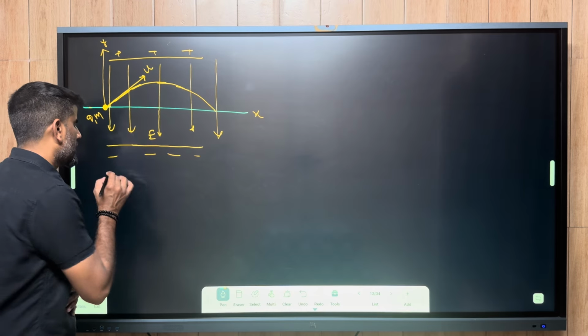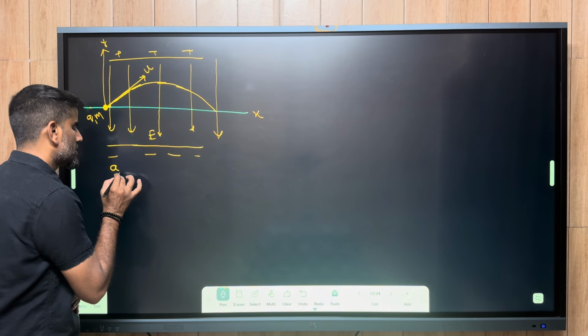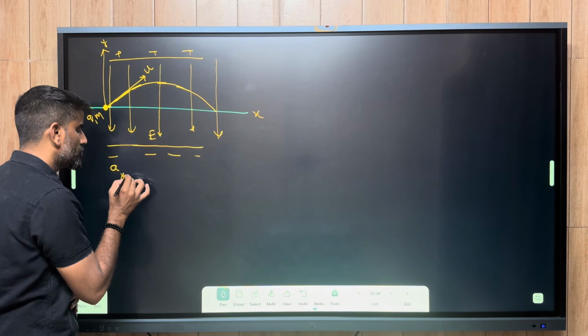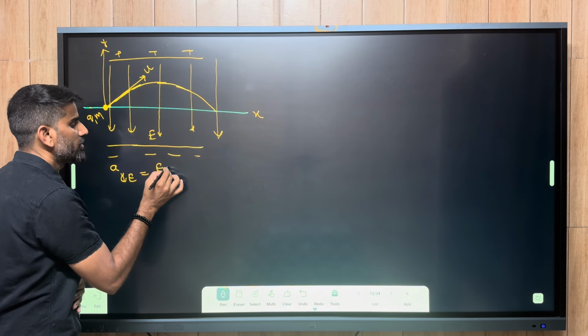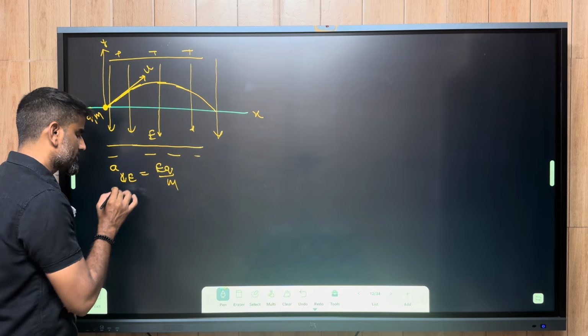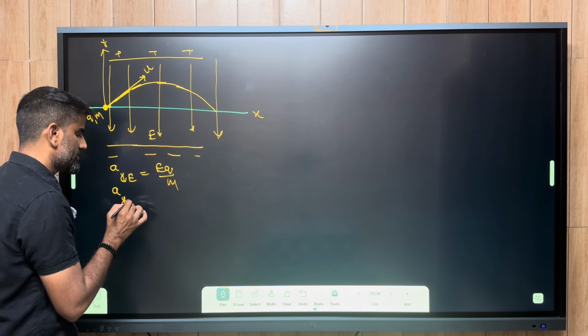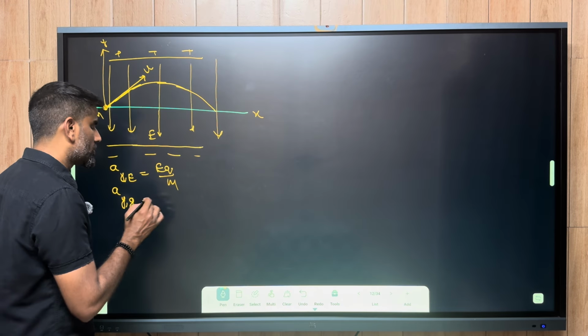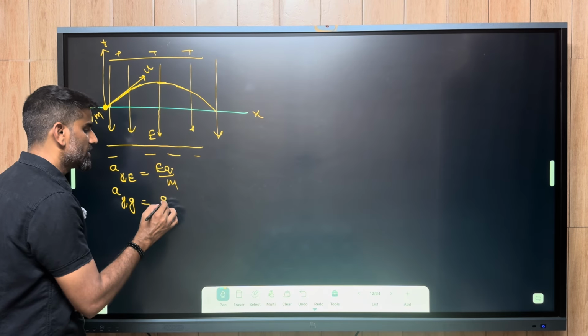So the acceleration of the charged particle along the y-axis due to electric field is eq by m. Similarly, the acceleration along the y-axis due to gravity, since it is oblique projection, gravity is there. Due to gravity, how much? g.